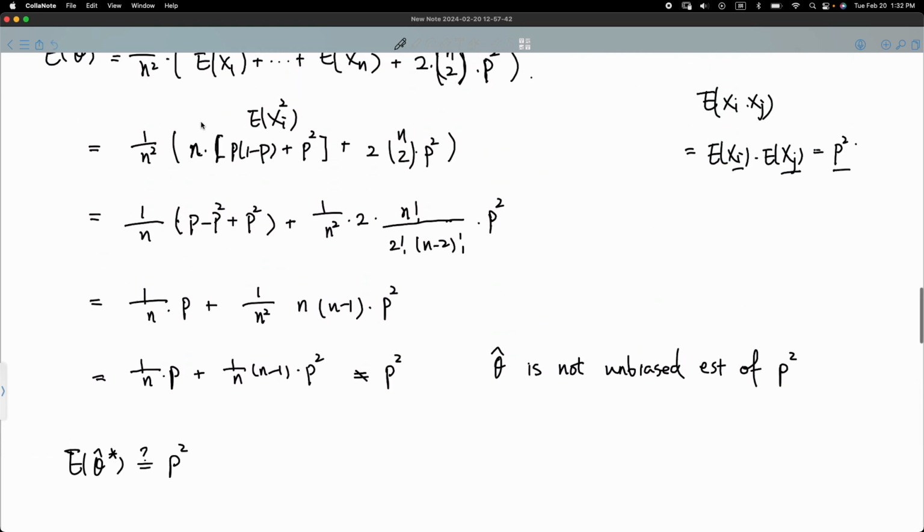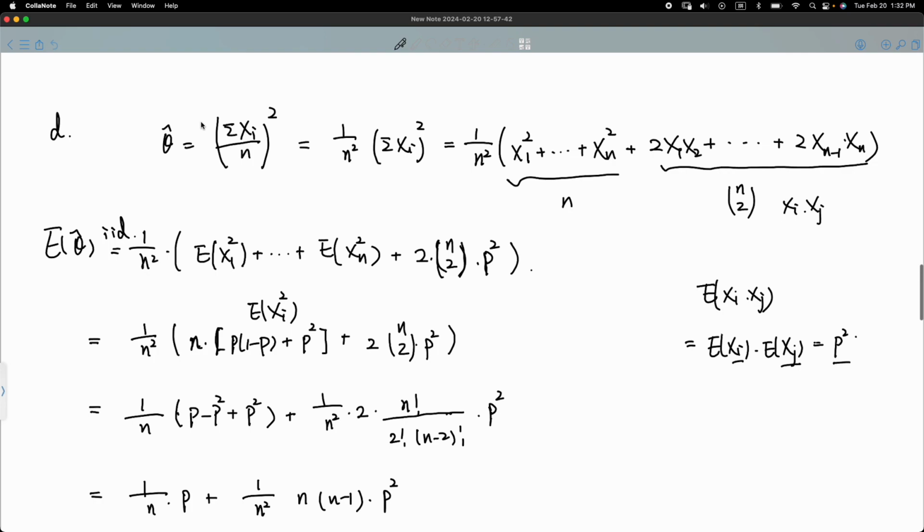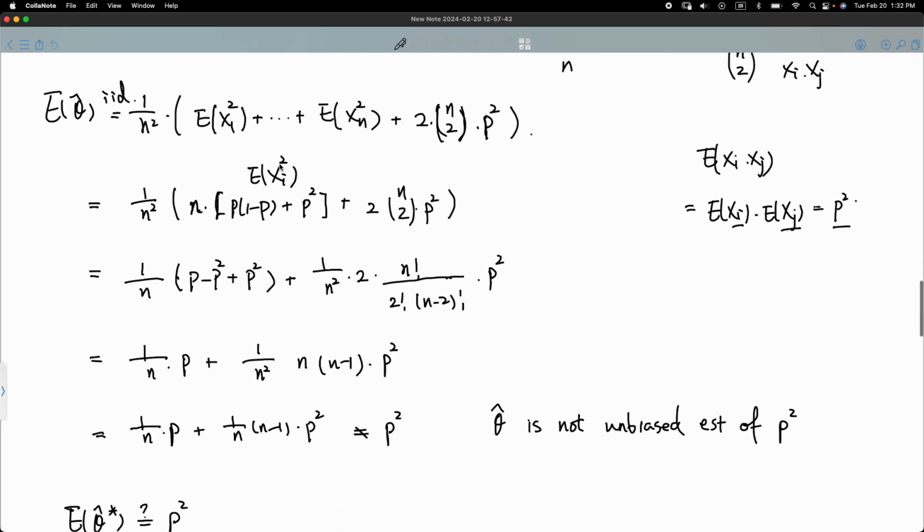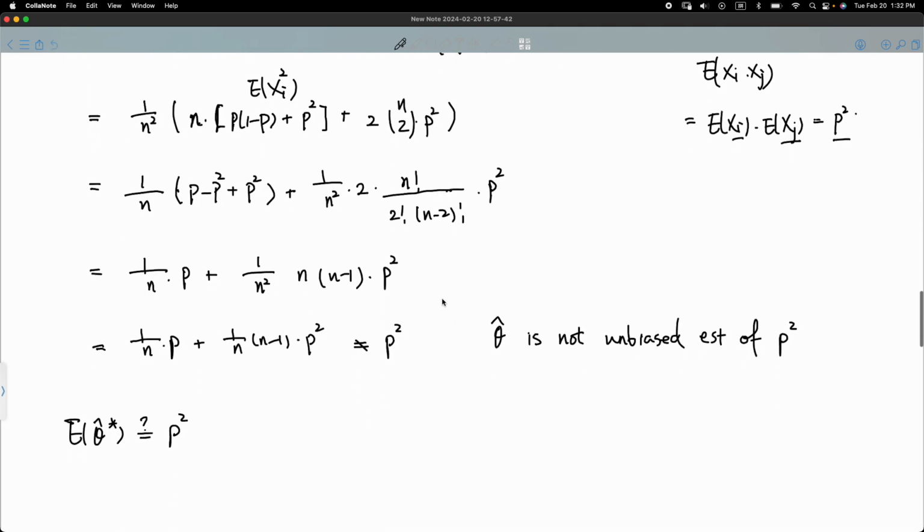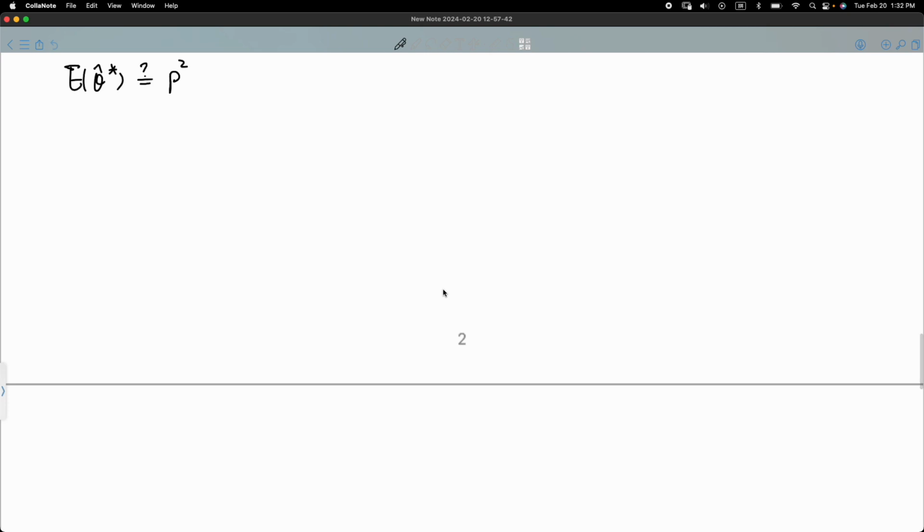For example, the first researcher proposed this particular estimator, but it is not unbiased, as we have shown here. Let's say a second researcher proposed theta star as an unbiased estimator to evaluate p squared, and let's see whether we are able to achieve p squared. That would be the problem statement here.